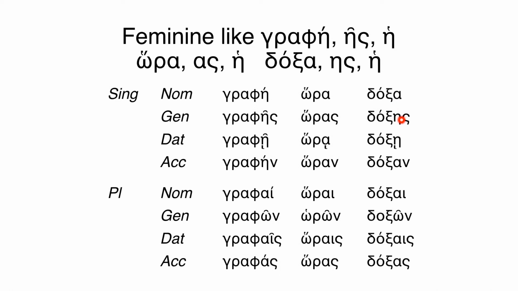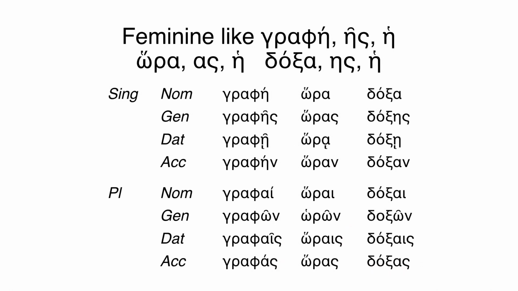We have a grafe ending in the genitive and in the dative. So the feminine singular dative is doxe with an eta and the iota subscript, just like grafe. But in the accusative, the feminine singular accusative, we have doxan, alpha nu, just like horan, alpha nu. So again, the doxa paradigm is a blend of these other two paradigms. Whereas, again, the plural forms are all the same, which is nice.